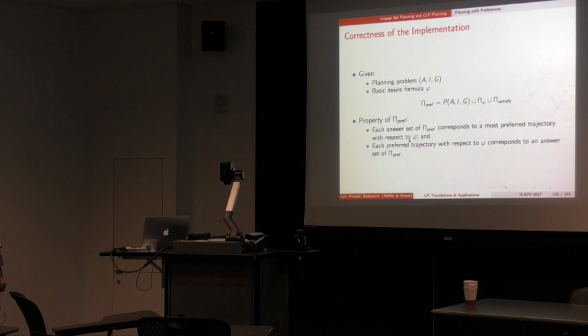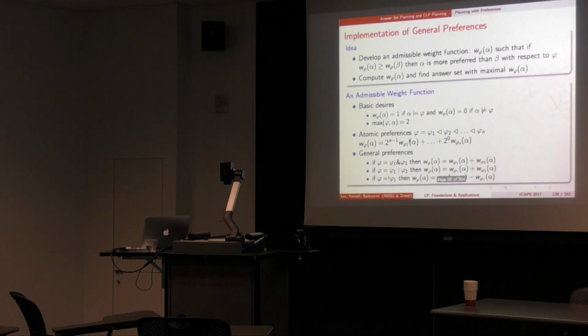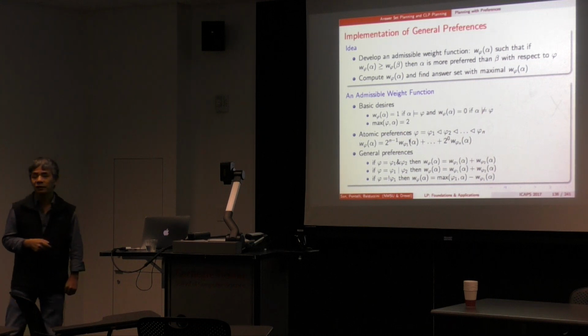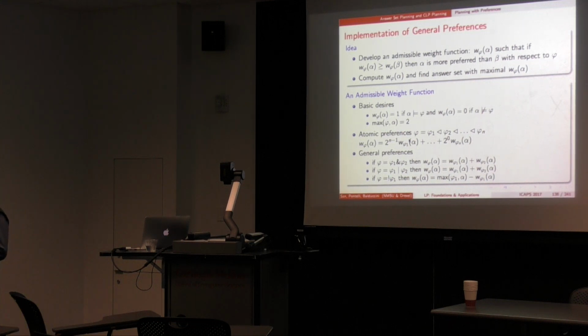And we will define, basically, we have this program PI: the action theory, initial state, the goal state, and then we have this formula file. We define the encoding of it, and then we have the program. Now we can do similarly for the implementation of general preferences, but because of the general preferences, we have multiple formulas.